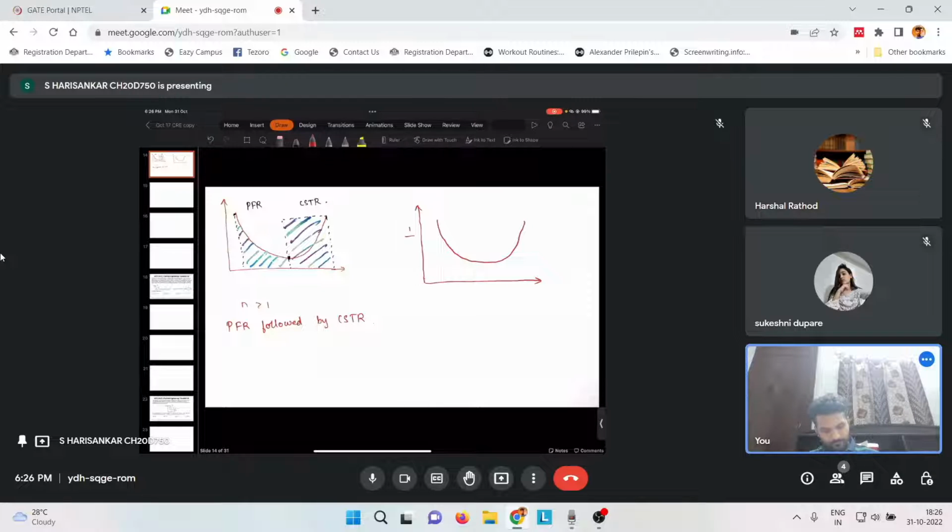Here instead of using PFR first, we'll use CSTR first, followed by PFR. So first is CSTR.